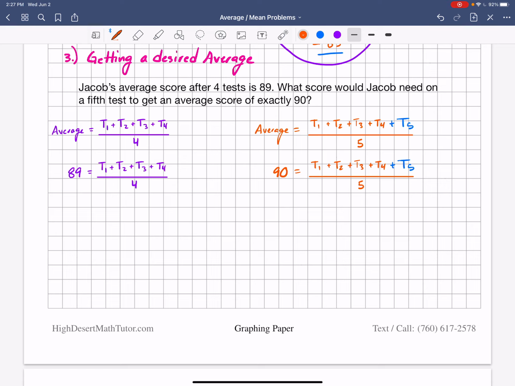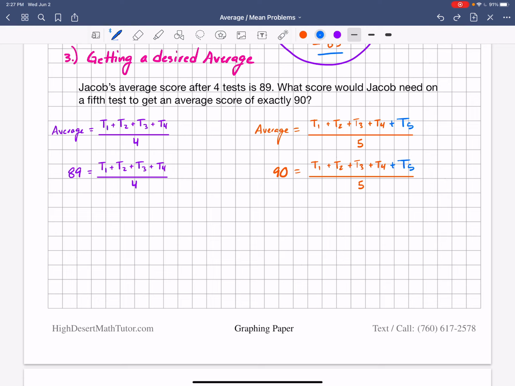And let's go ahead and look at the initial formula we needed for the first average. In this formula, we see that we have the variables for the test 1, test 2, test 3, and test 4. And what we need over here is test 1 plus test 2 plus test 3 plus test 4. So let's go ahead and solve for those values in this formula.